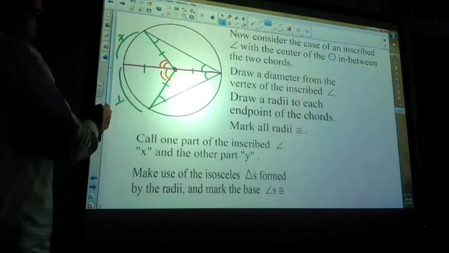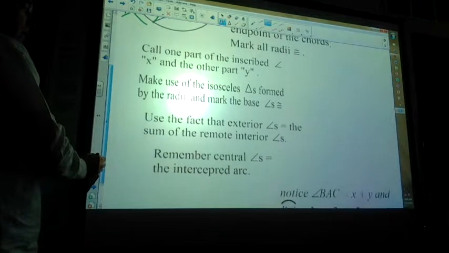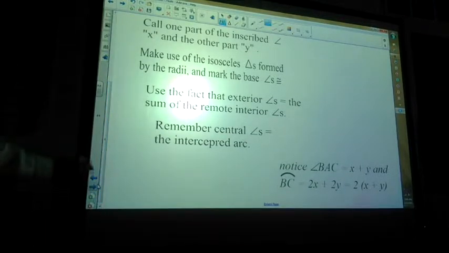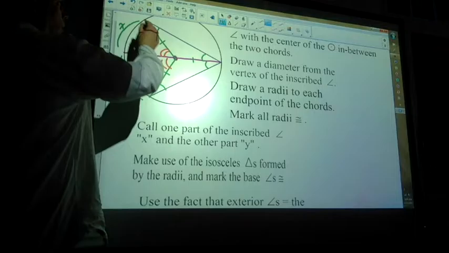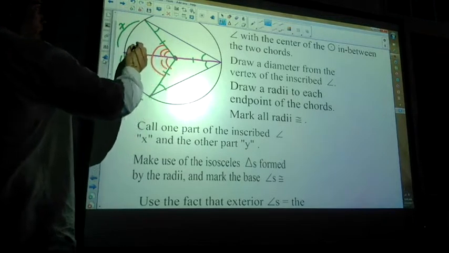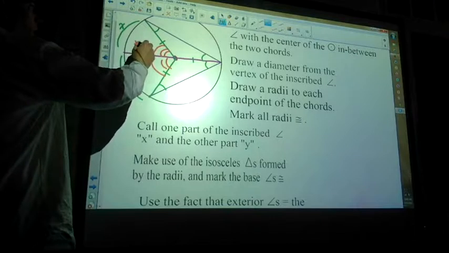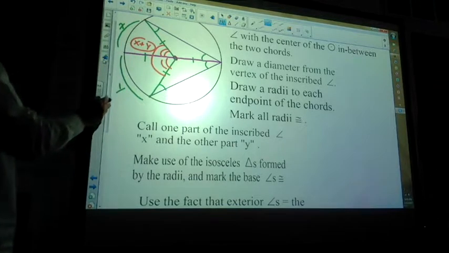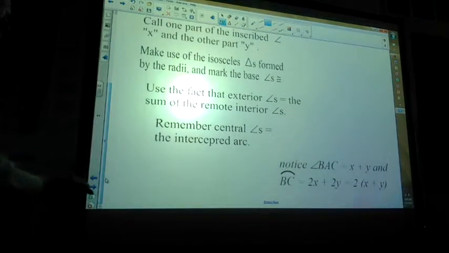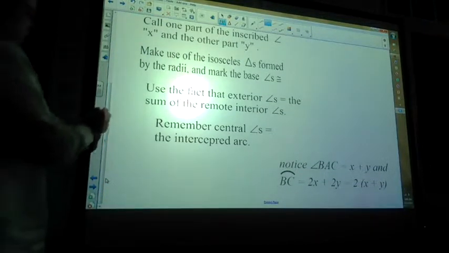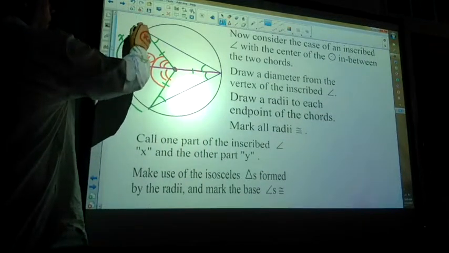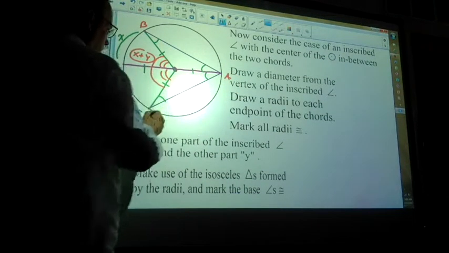Remember, central angles equal the intercepted arc. So this whole angle here is equal to x plus y. So notice that angle BAC is x plus y.